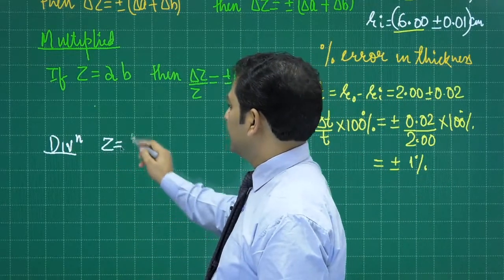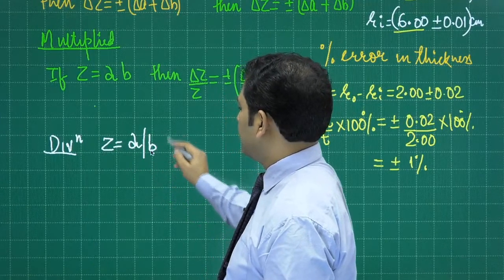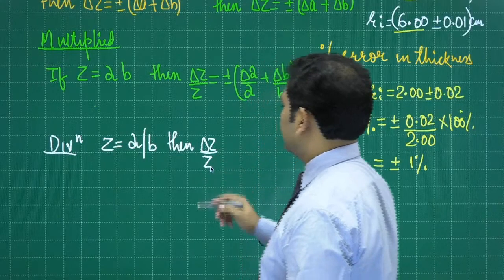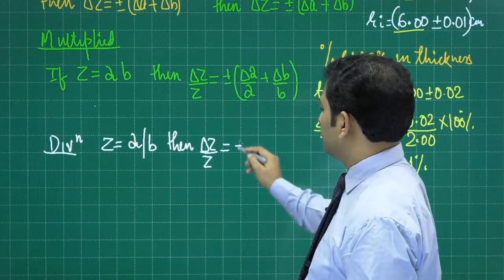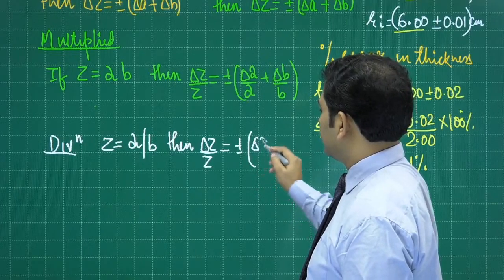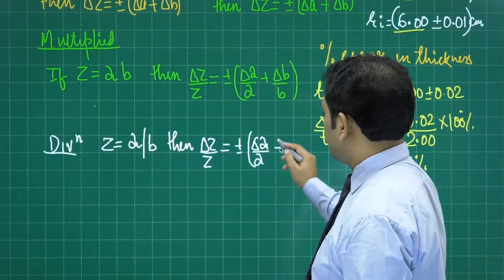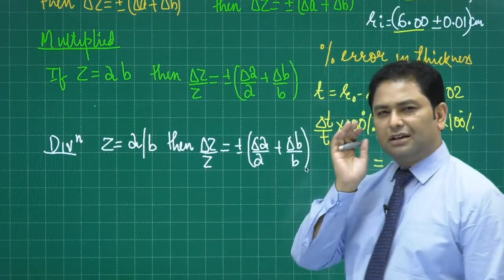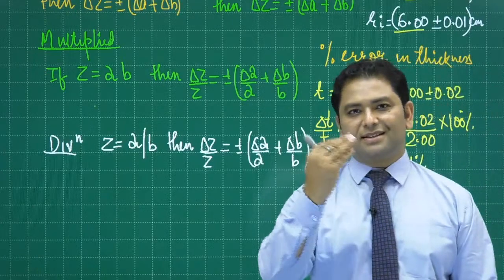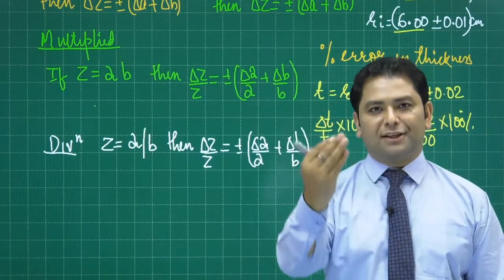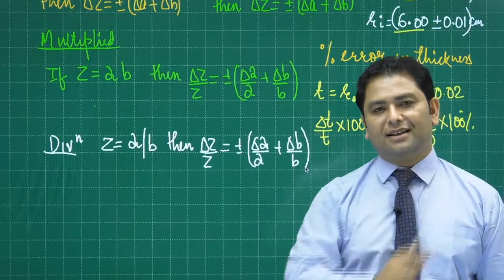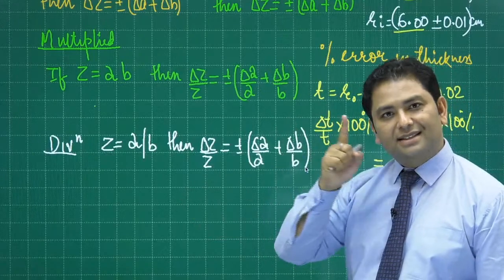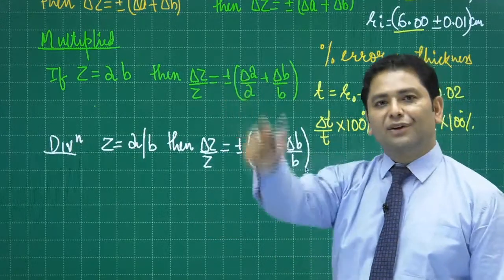When Z is A divided by B, then delta Z by Z will be equal to plus minus delta A by A plus delta B by B. That means, if you can draw the pattern, addition and subtraction have the same pattern, multiplication and division have the same pattern, and that was valid even while you reported.